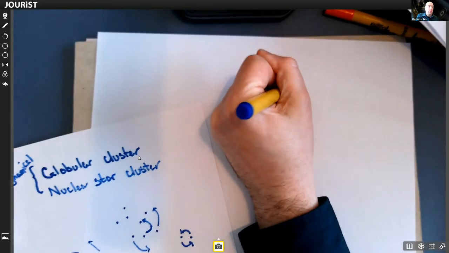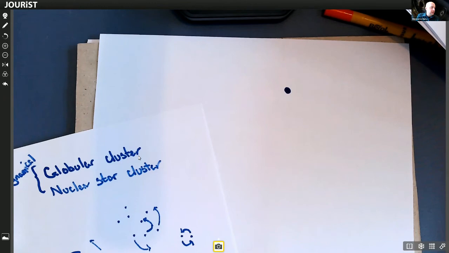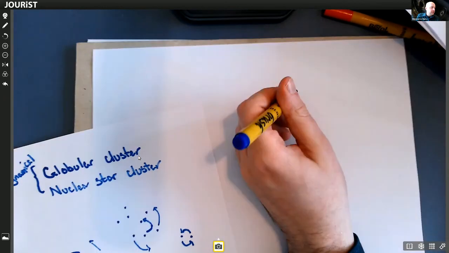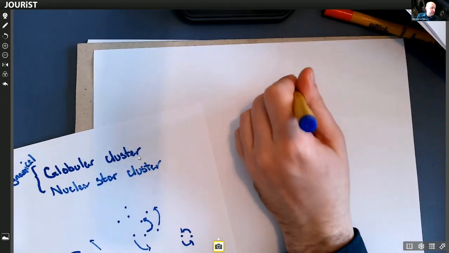Okay, going back to the center of galaxies. The center of galaxies tend to have a supermassive black hole, million solar masses, maybe a billion solar masses. We have our stars orbiting around it in our cluster.